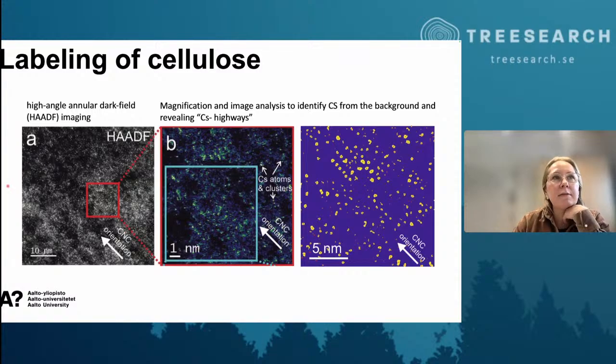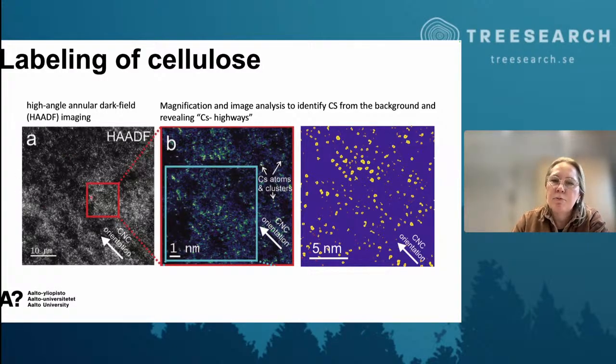So here you can see a zoom in with the high angular dark field image with the 10 nanometer scale bar. And we can see here some CNC orientation. And then at even higher magnification and with some image analysis, we can start to see here the Cs atoms and the clusters that are now highlighted with this greenish color.